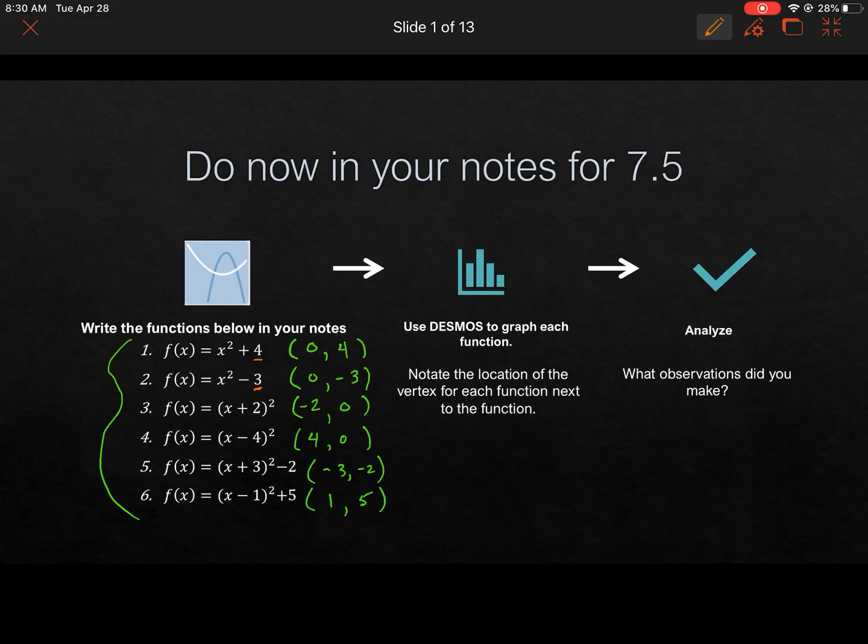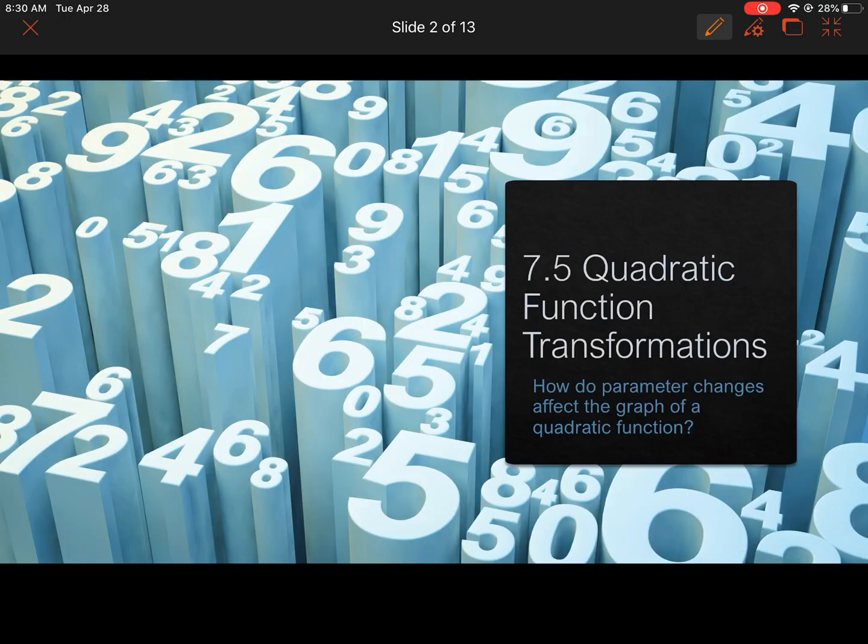And now, you might have been surprised by some of the results when we had a plus or minus inside the parentheses before they got squared. And that's what we're going to focus on today. So the lesson is transforming quadratic functions. We're going to start manipulating the parameters and seeing how they change the graph.